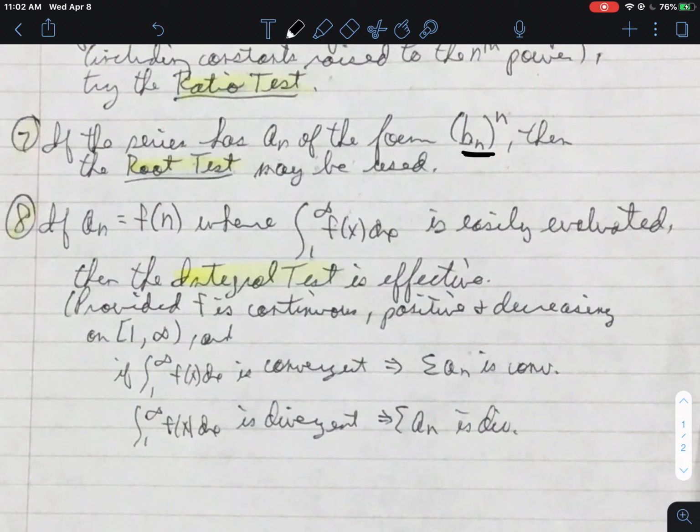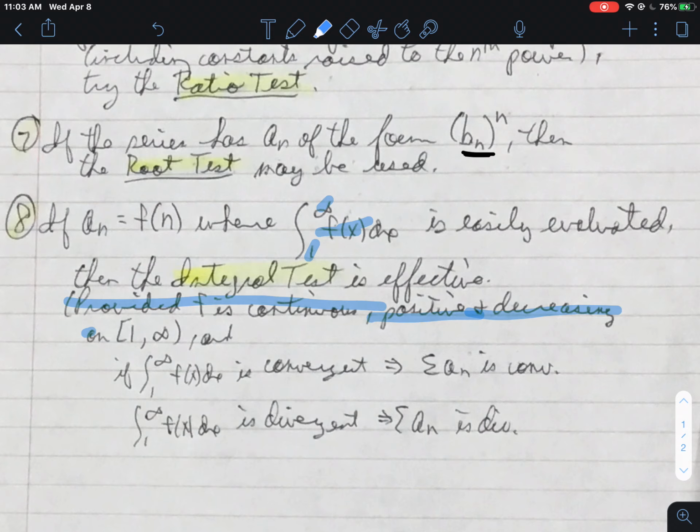Then the integral test can be used provided that you meet the requirements. We had 3 requirements. The function f of x has to be continuous, has to be positive, and has to be decreasing over the interval, 1 to infinity, or sometimes we had to adjust that lower limit depending upon the domain of the function.